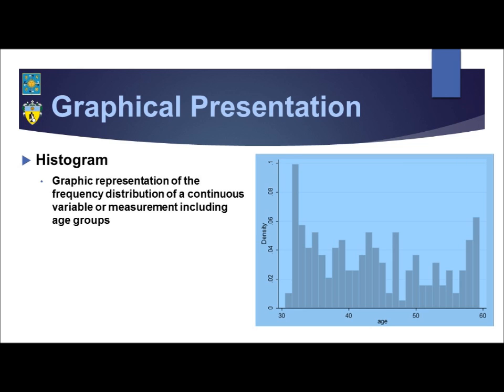But please take note that unlike your bar graph, there are no gaps between the bars in your histogram. And this is because, again, your histogram is used to present information about continuous quantitative data, in contrast with the discrete quantitative variables that are presented in a bar graph.